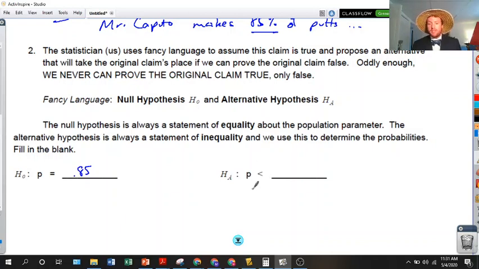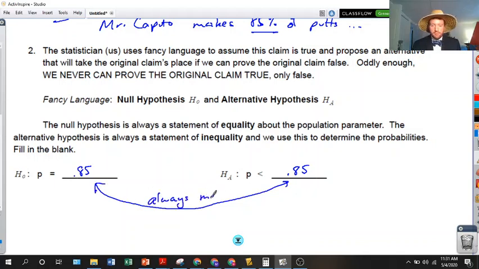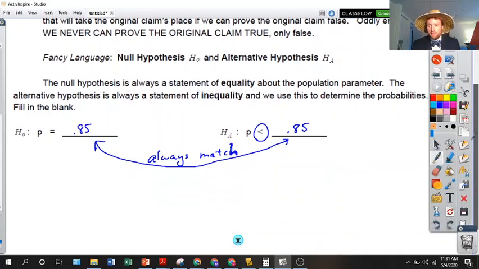That's a decision you have to make about the situation, and sometimes the data will lead you towards a less than decision. What's nice is that it's always the same number, so these always match. And this symbol here helps you with your statistical analysis.